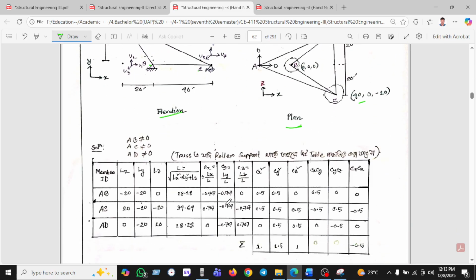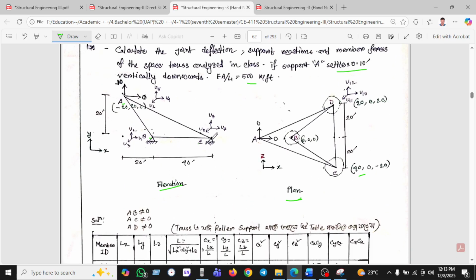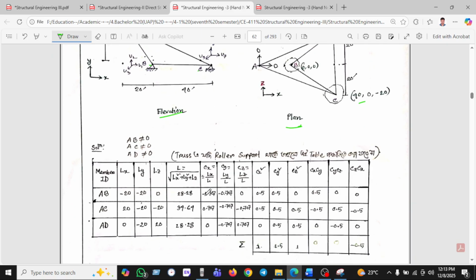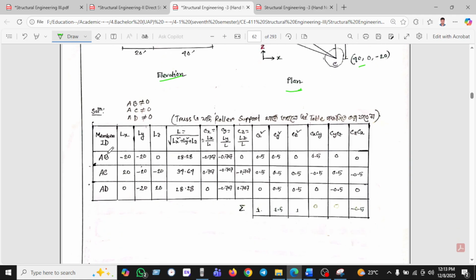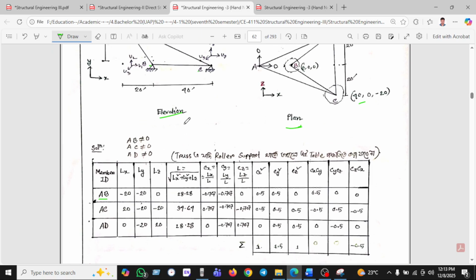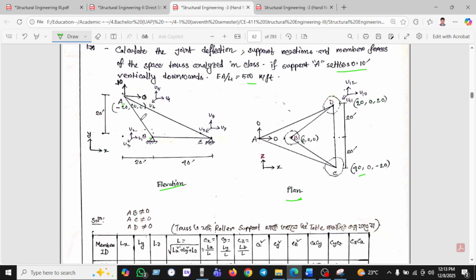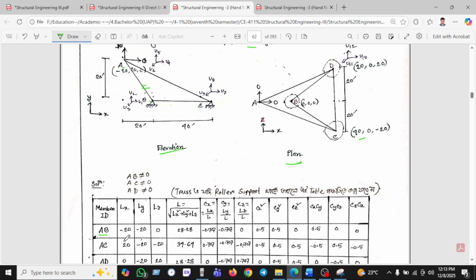Okay, let's start. This is pin supported, that's why we can use this equation. Otherwise, if it were a roller support, we could not use it. The member ID is AB, the member between A and B. We find Lx, Ly, Lz, and L, where L is the square root of Lx square plus Ly square plus Lz square.